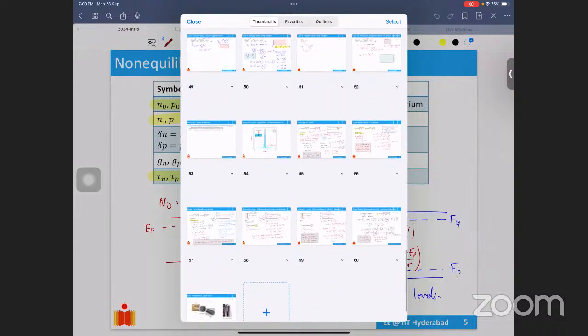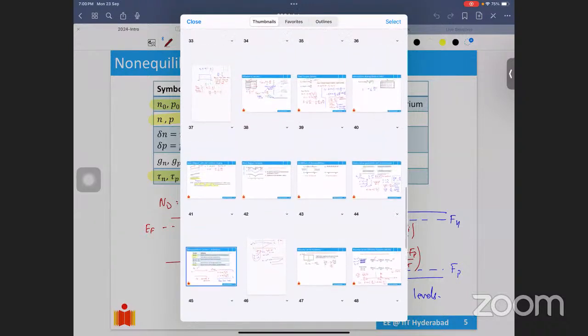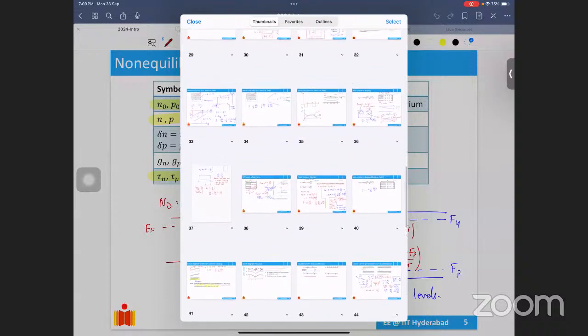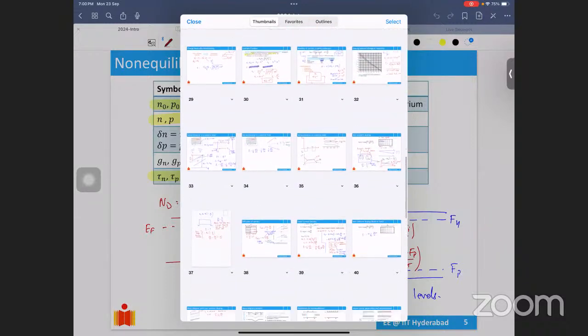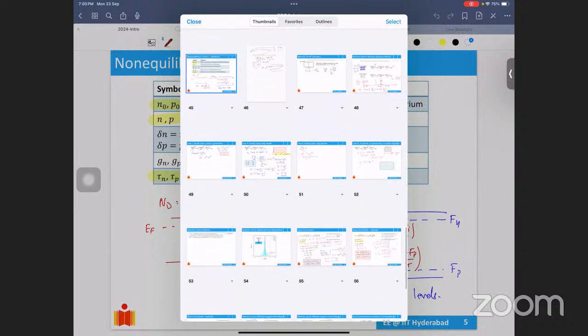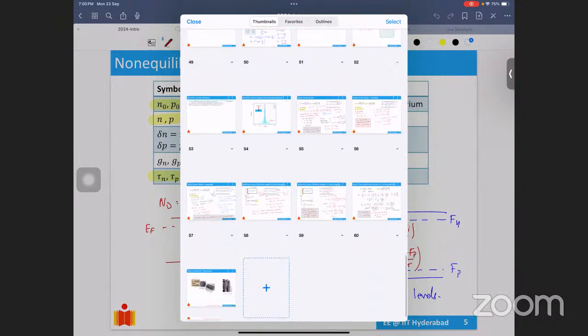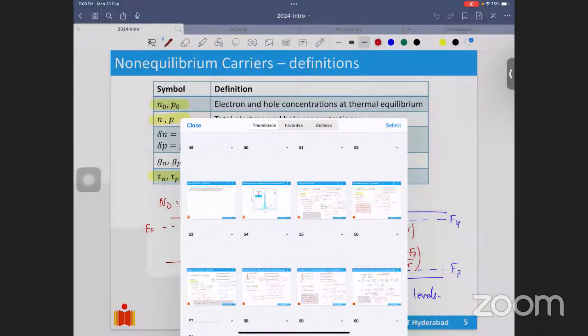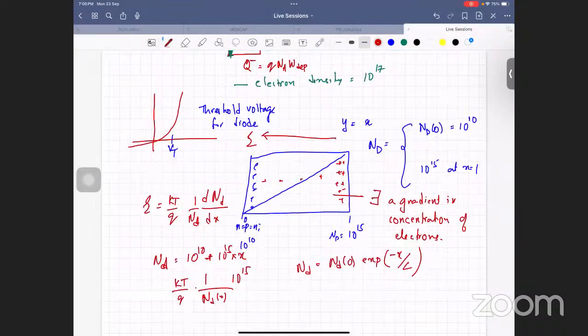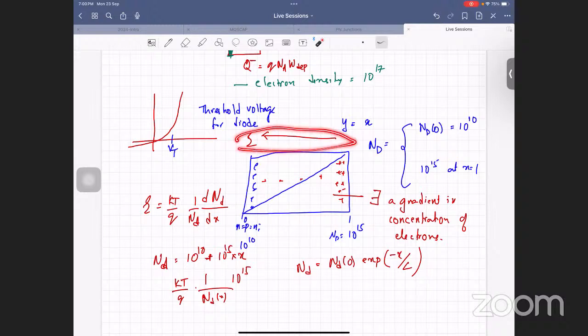Sir, in this case, will it have a drift component also or not? That's a very good question. Why should there be a drift component at all? There should be a drift component because there's an electric field. Diffusion is easy to understand, because there is a concentration gradient in terms of ND.